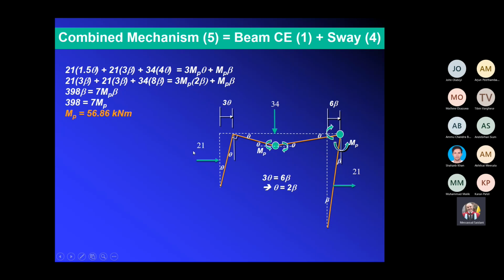I can combine with this beam mechanism, or I can combine with this beam mechanism. If I combine with this beam mechanism here, do you think it will cancel the hinge at this joint, or there will be a hinge?